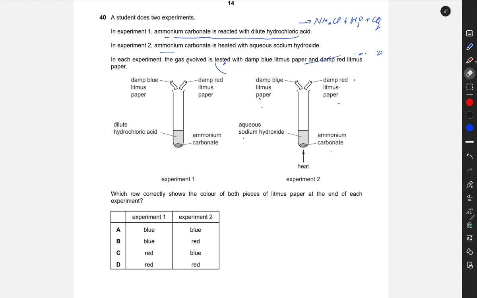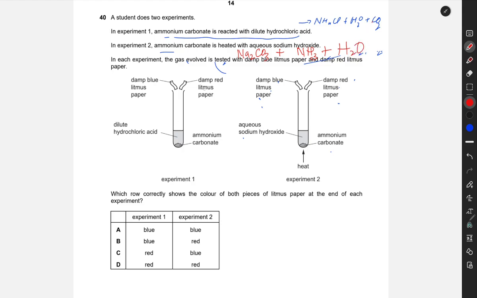In this reaction, when heated with sodium hydroxide, the products are sodium carbonate, ammonia gas and water.